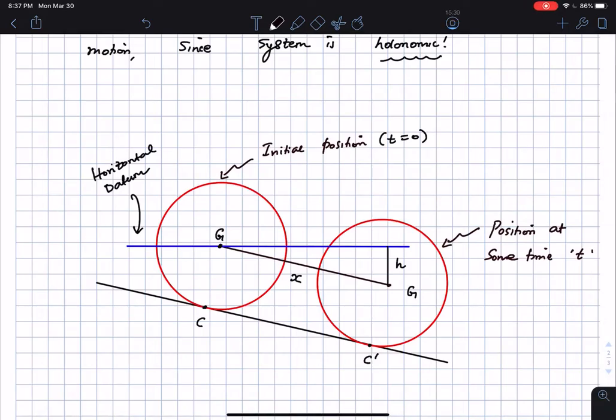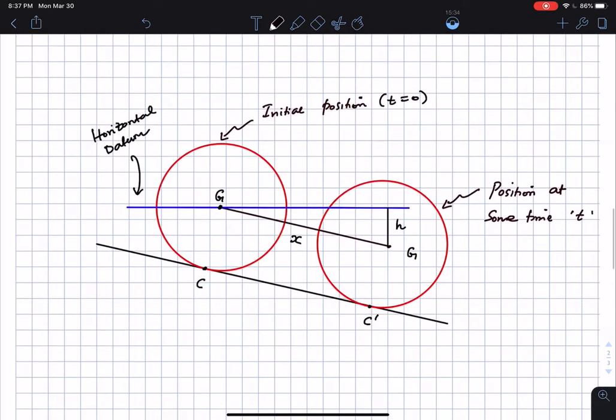Let me extend the incline so that I can draw its angle better. The angle made by the incline with respect to the horizontal, I called the angle alpha, and this angle here is also alpha, which means h is going to be x times sine alpha.